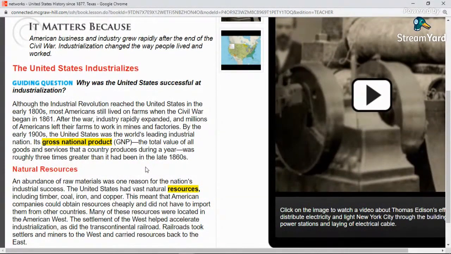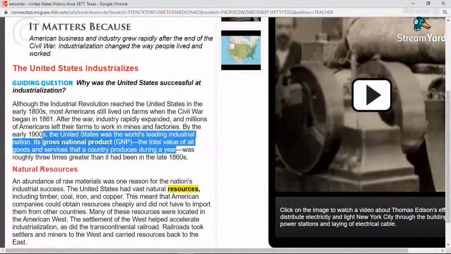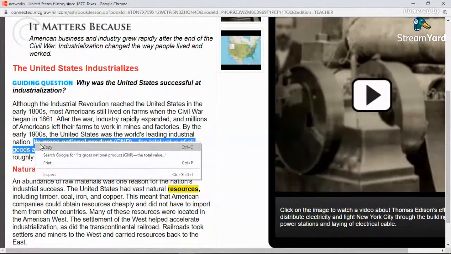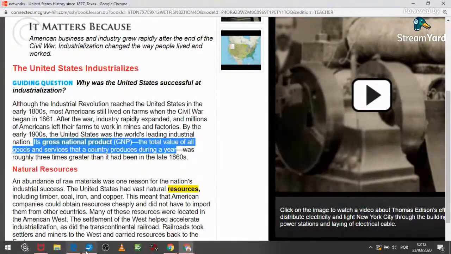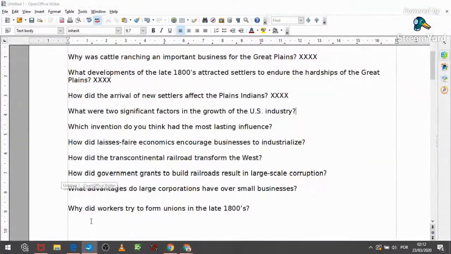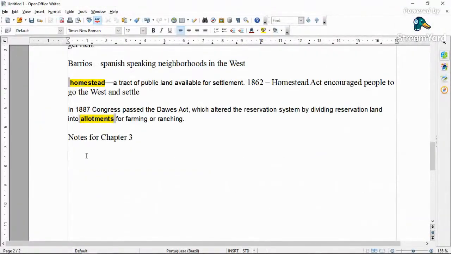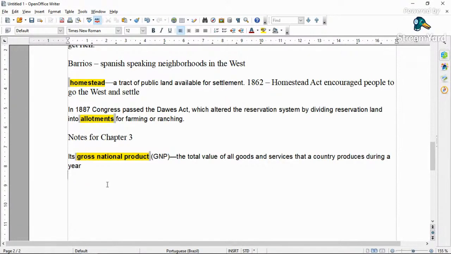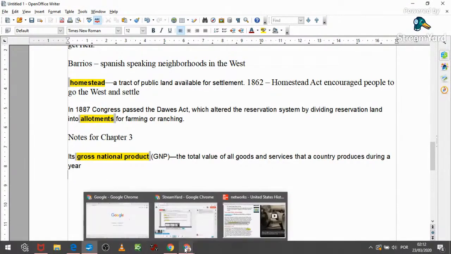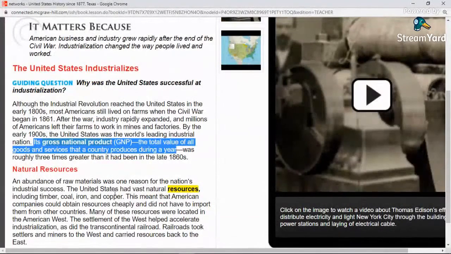And so the United States' gross national product, which is the total value of goods that a country produces in a year, was 3 times bigger by the 1860s. So if you want to, I would put that down as a note, right? Gross national product is important vocabulary. Take down your own notes, of course, in your own words, but it's always good to have vocabulary.